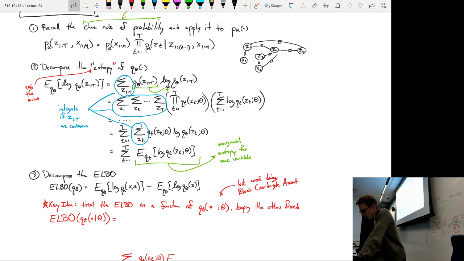So what we have then is an expectation where we now take the expectation under q theta of the log of p of zt given, or sorry, not zt, but z of everything except for t, so that's z of not t, and x, minus an expectation under qt of the log of qt, zt.